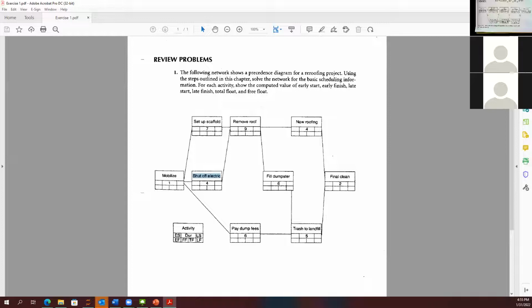If you finish the late start, late finish, you can calculate total float. Total float is extremely easy. Just late finish minus early finish.